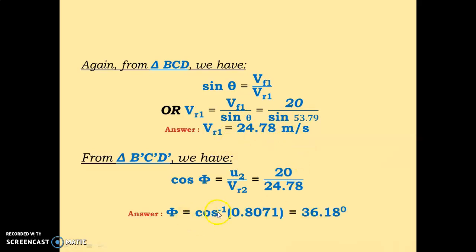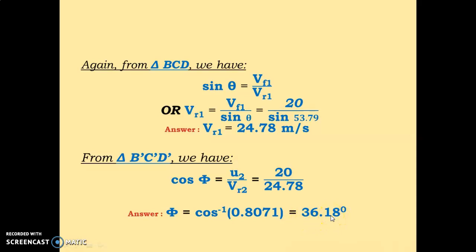So 20 upon 24.78 is 0.8071. So cos phi is equal to 0.8071 and phi is equal to cos inverse of 0.8071, which is 36.18 degrees.